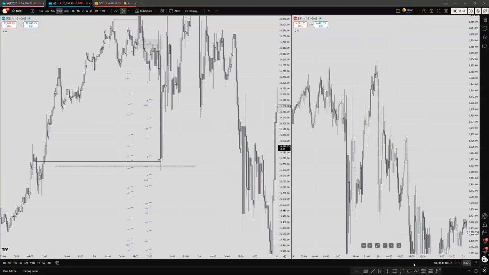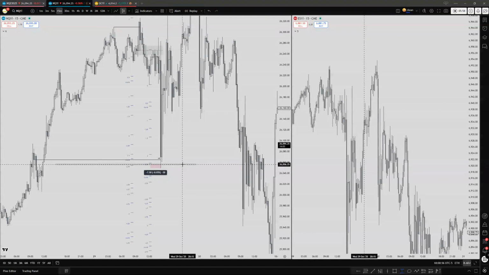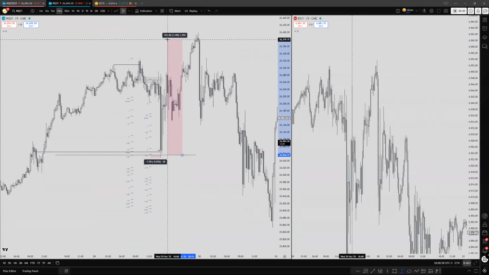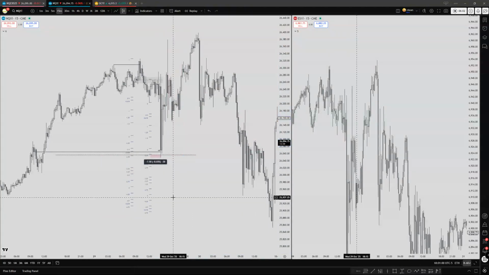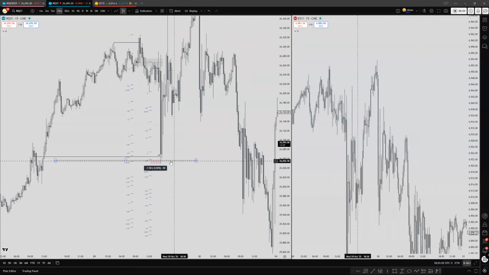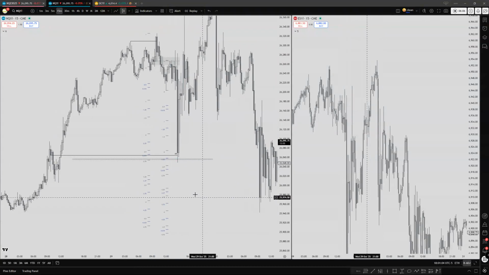You can see we tag into the CE with 7 points of drawdown to then deliver almost 300 points. It's pretty absurd. But of course, you'd want to check for your entry model, SMT, everything.